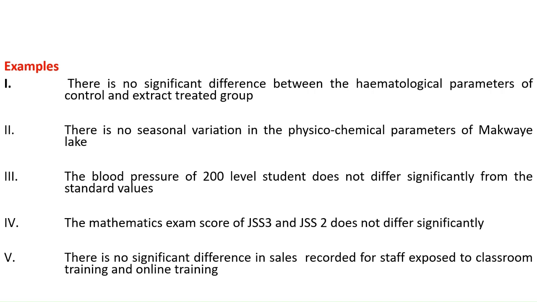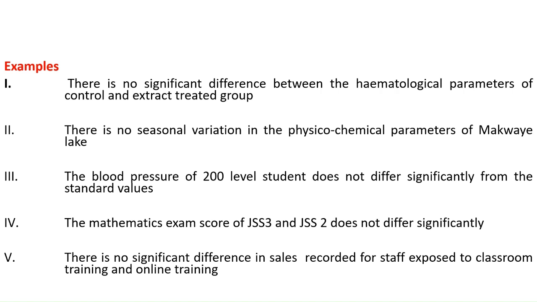So now we'll check some examples of hypotheses to know how to certify that a particular hypothesis requires the use of a t-test. The first one says there is no significant difference between the hematological parameters of control and extra treated group. First, you need to consider your dependent variable.